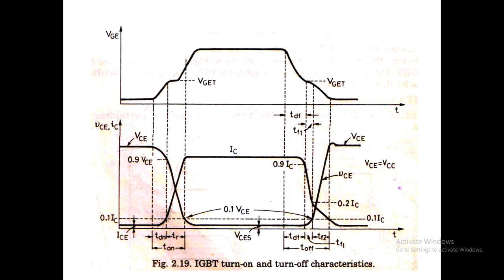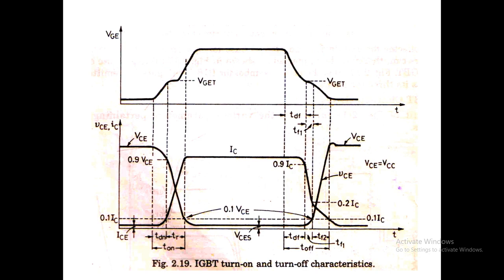And after that, at the instant of removing the gate voltage, we have the turn off process, and during the turn off process also we have three different time intervals: TDF, the turn off delay time, TF1, fall time 1, and TF2, fall time 2.